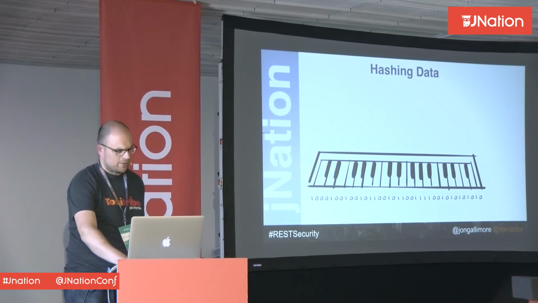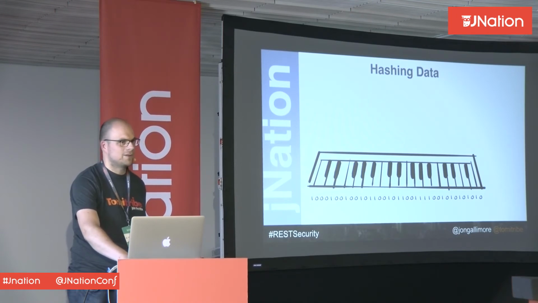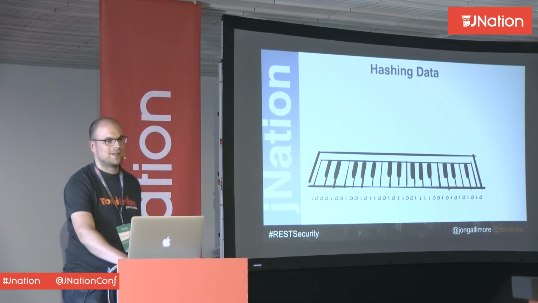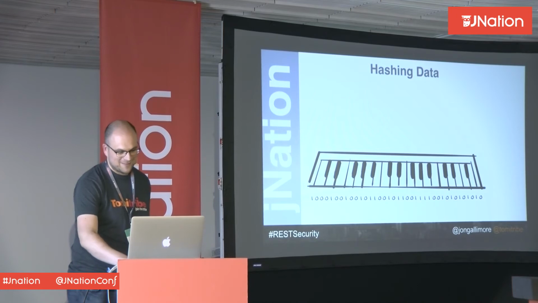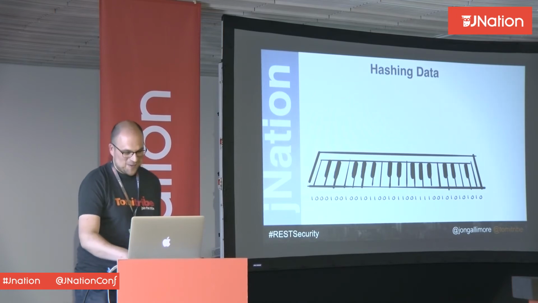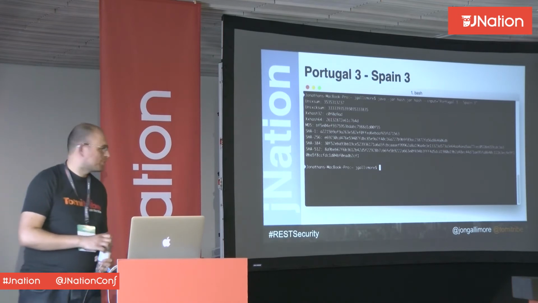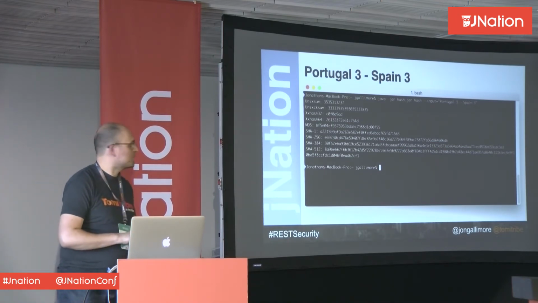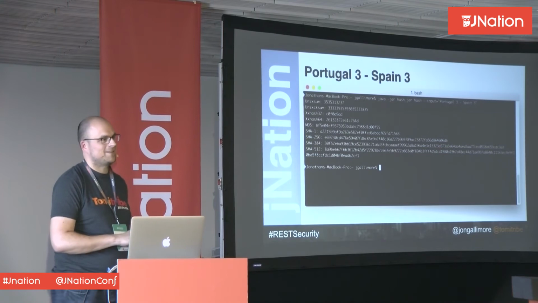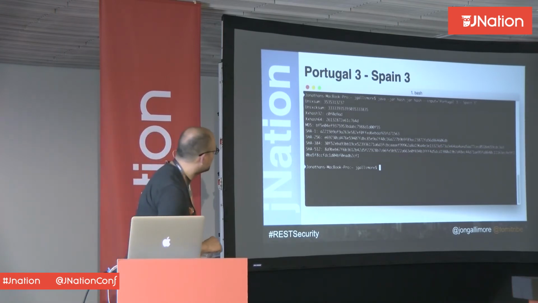So I will just show you an example of hashing. I'm not a big follower of football, but I gather that there is a big football tournament going on at the moment. So I took some data and I ran it through my hash program. So I've got Portugal 3, Spain 3 here, and I've hashed that with various algorithms.